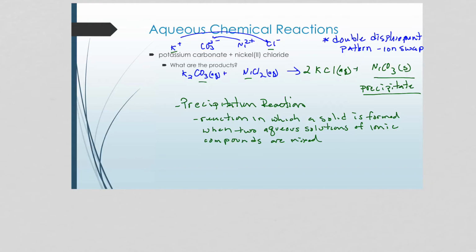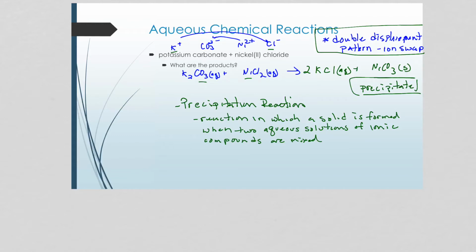So this is an example of what's known as a precipitation reaction, a reaction where we mix 2 solutions of ionic compounds and we get a solid formation. And again, that solid is called a precipitate, and it's a precipitation reaction. And it follows a general format of a double displacement reaction. And we'll see this pattern all throughout this chapter when we talk about aqueous reactions.